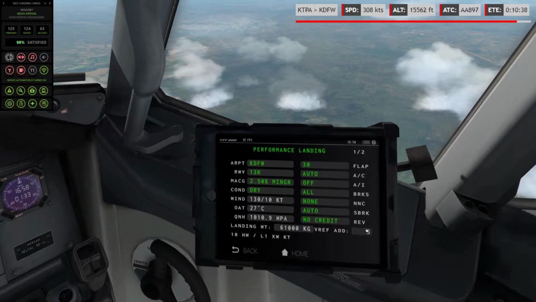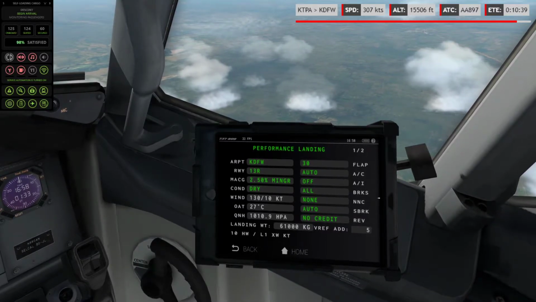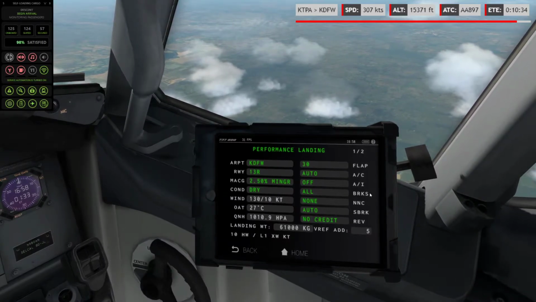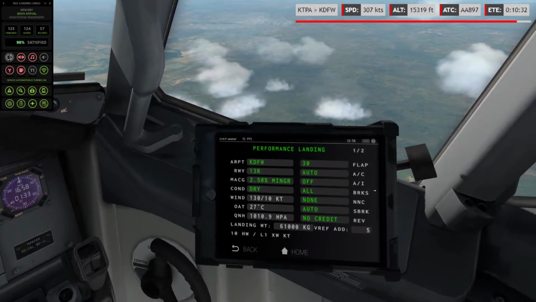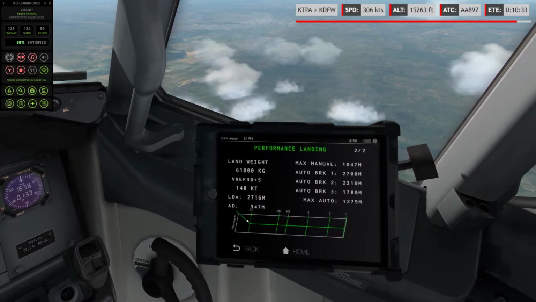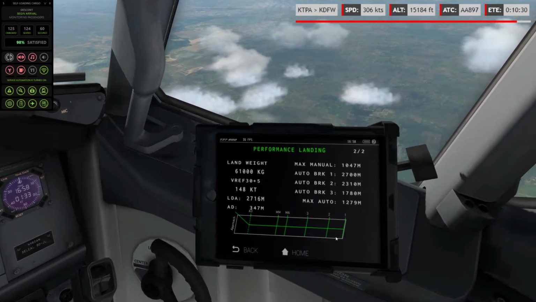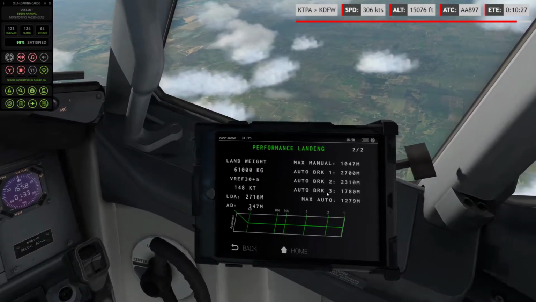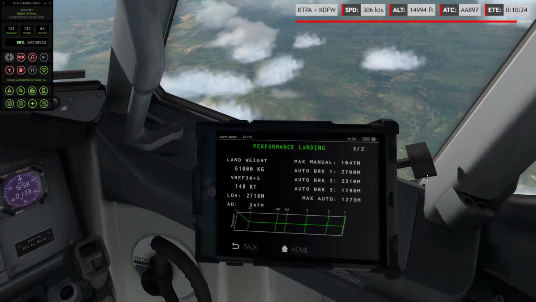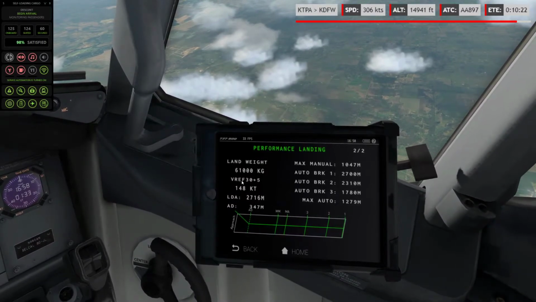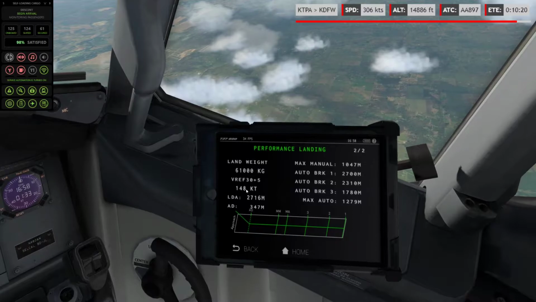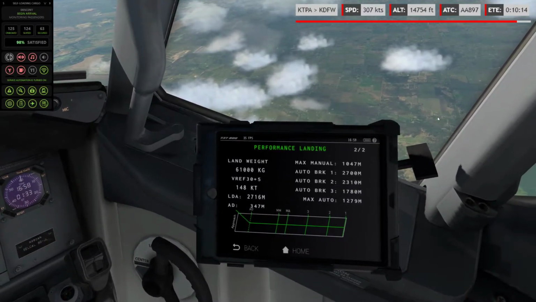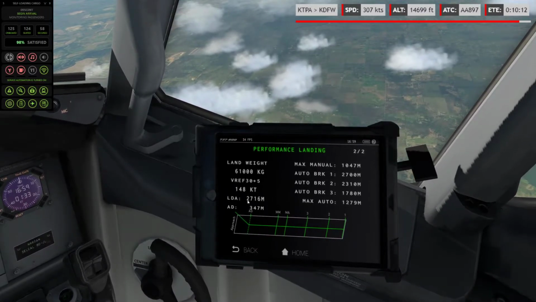So VREF at +5, and we have 10 knots of headwind and 1 knot of left crosswind, and that will give us our performance here. We can use auto brake 1 and we can vacate at the very end. VREF 30 +5, so we have a final approach speed of 148 knots.